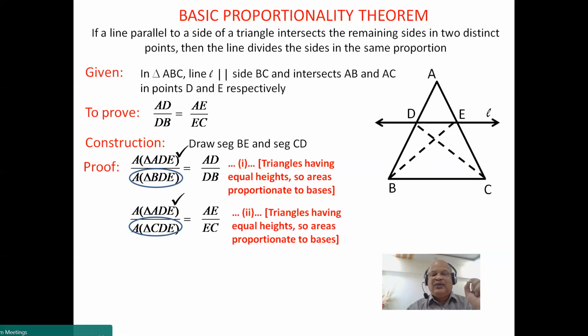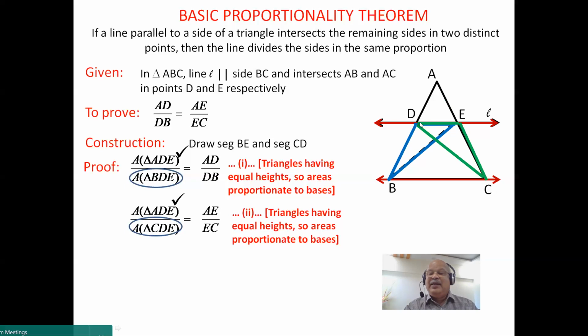Now, children, let us look at these two triangles in the diagram. These are the two different triangles that we have in the denominator. And if you look at these two triangles properly, these two triangles lie in between these two parallel lines. Since the two triangles lie in between these two parallel lines, we come to a conclusion that they have equal heights. Also, children, keep your eyes on this segment DE.